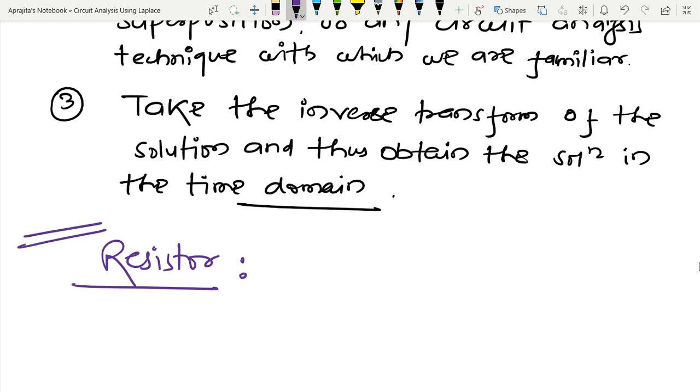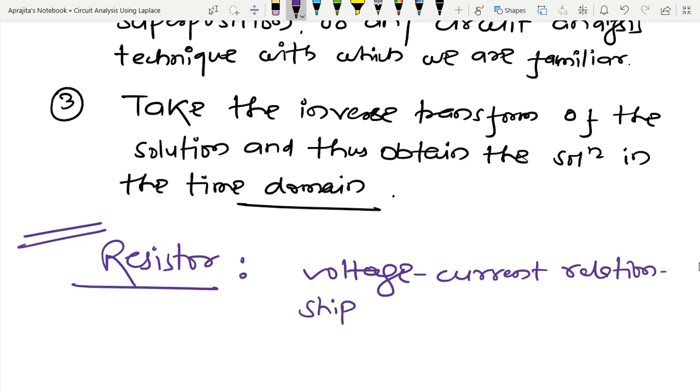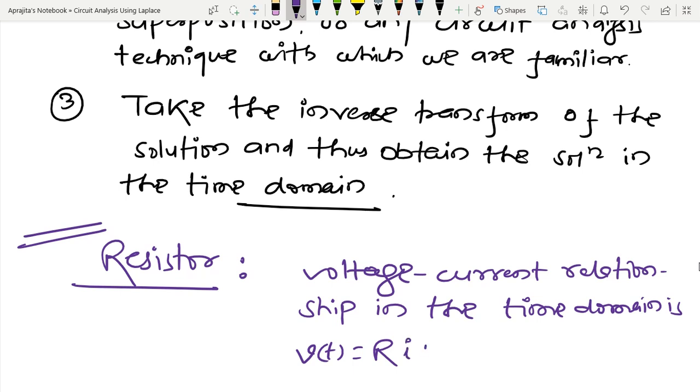If you see the voltage and current relationship in the time domain, that is governed by Ohm's law, and we are well aware that v(t), the applied voltage, equals R times i(t), where R is nothing but the resistance of the circuit.